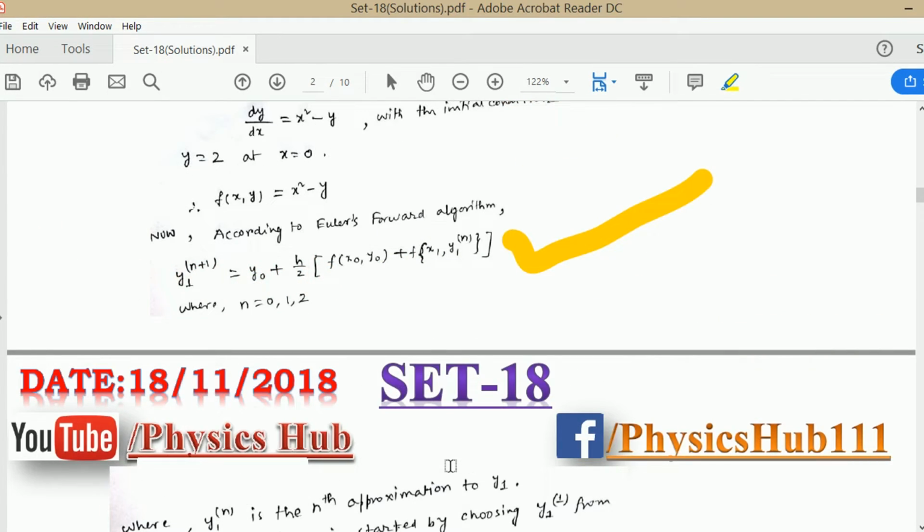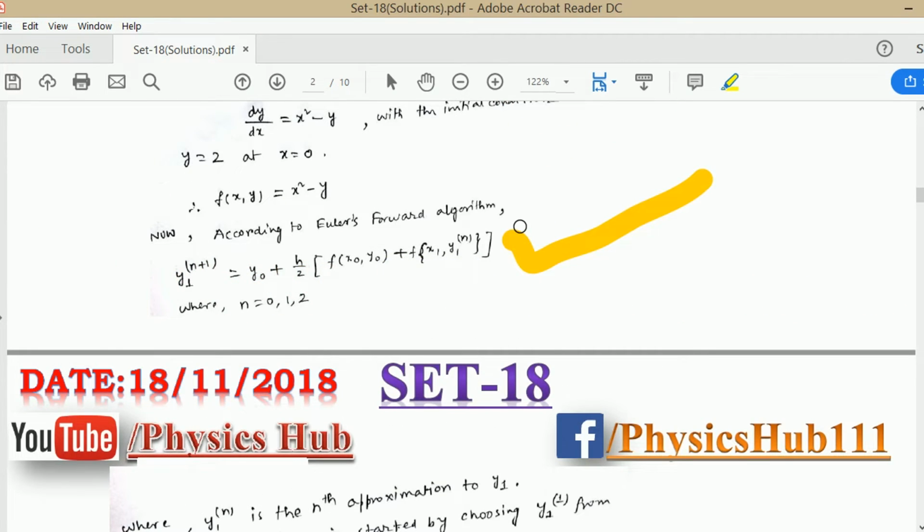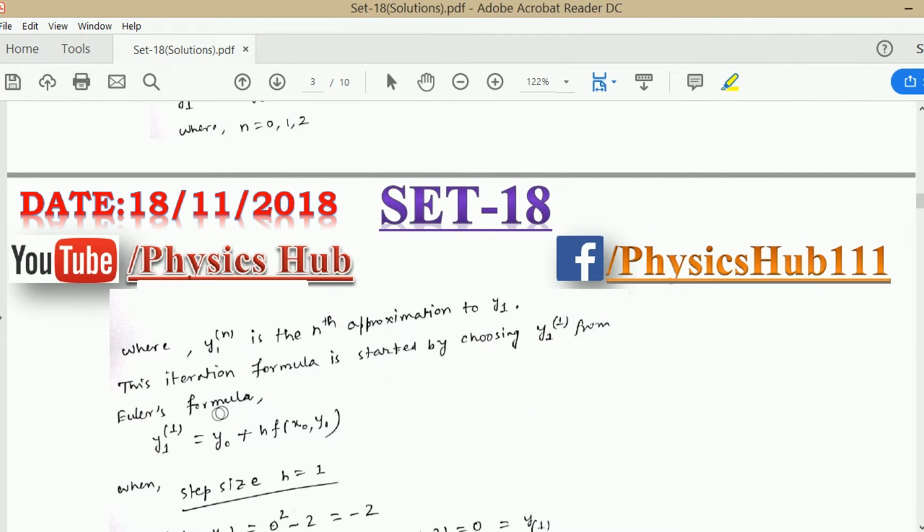Euler has given two formulas, the simple Euler's formula and Euler's modified formula. In general you should apply Euler's modified formula, which is started with Euler's formula, given by y1 of 1 equals y0 plus h into f of x0, y0. X0 and y0 are the initial values which you are given.